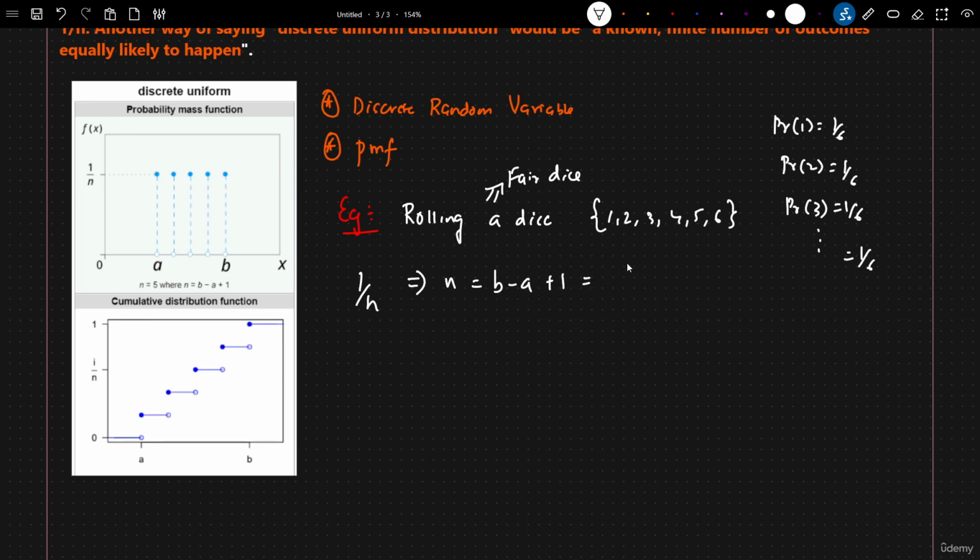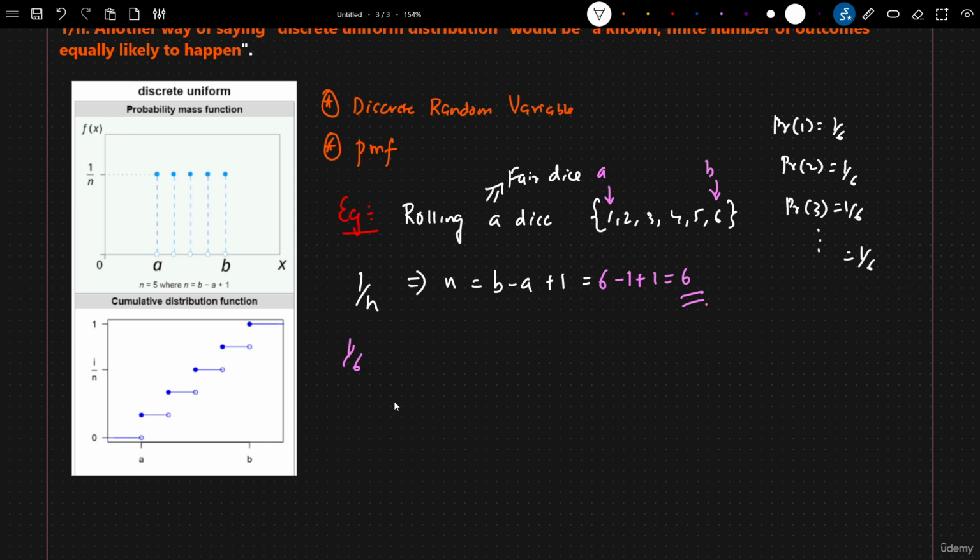What is b in this case? This can be b, this can be a, because your outcomes are ranging between 1 to 6. So here I will write 6 minus 1 plus 1, which is nothing but 6. And finally, you'll be able to see that every probability will become 1 by 6.